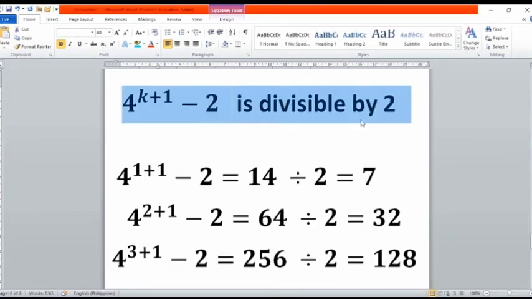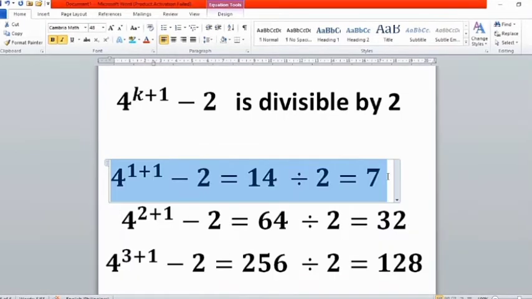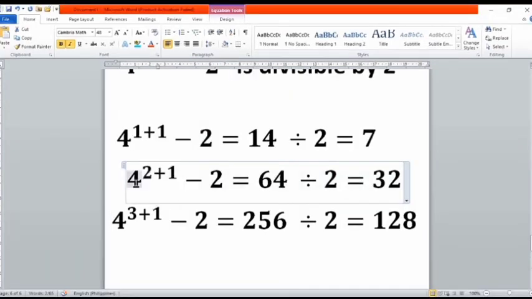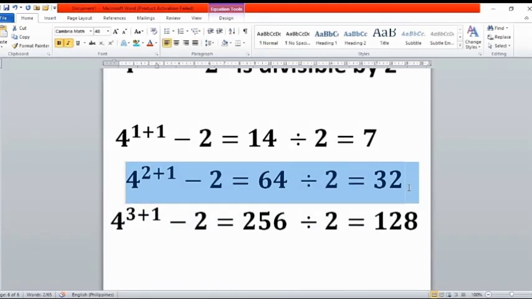Let us first put the value of 1 for k. So we have 4 to the power of 1 plus 1 minus 2 equals 14 divided by 2 equals 7. Then it is proven. Then let's proceed to number 2. So 4 to the power of 2 plus 1 or 3, minus 2 equals 62 divided by 2 equals 31.